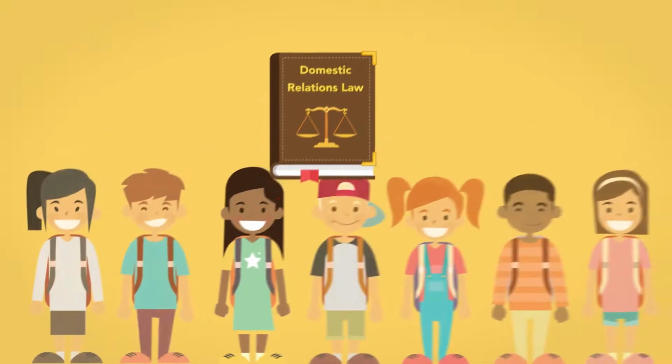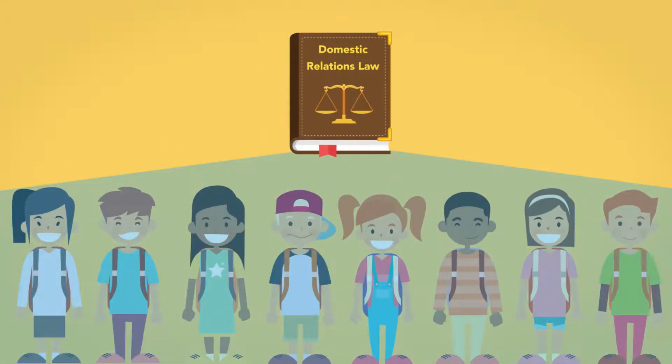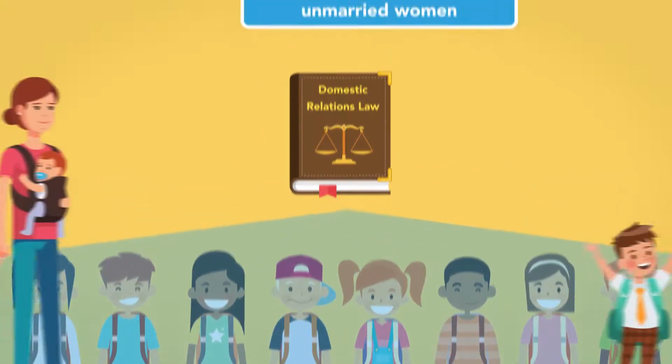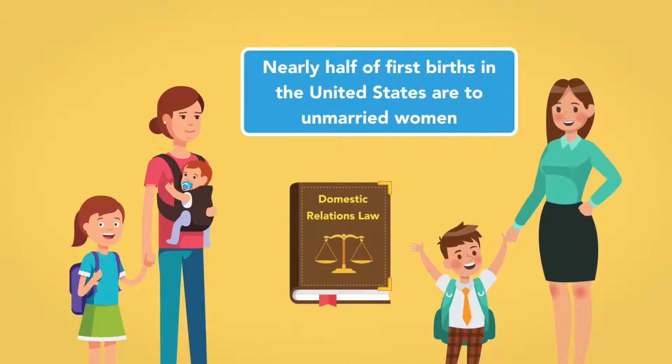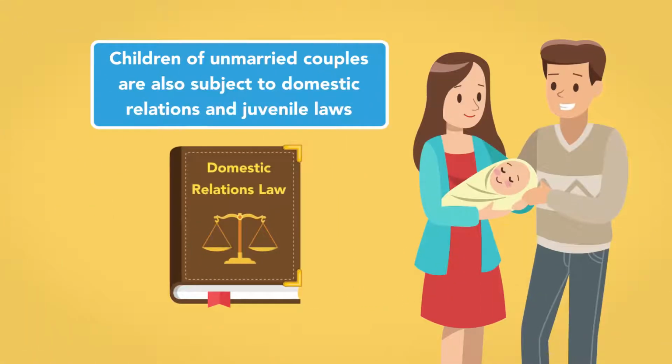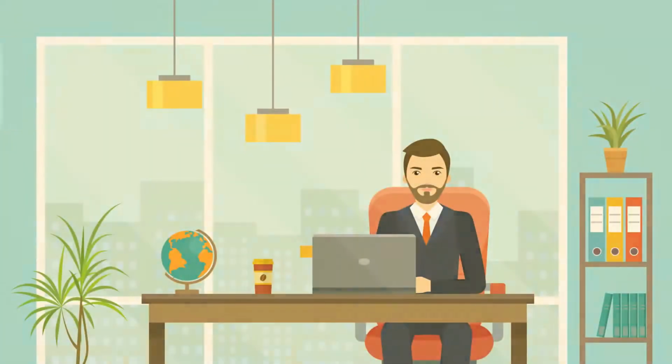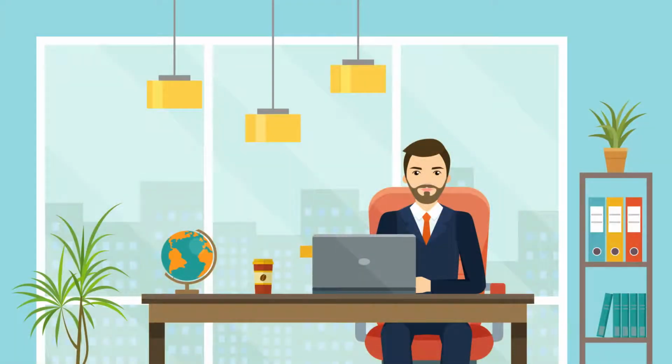But it isn't just children produced by marriages that are affected by these laws. Nearly half of first births in the United States are to unmarried women. Children of unmarried couples are also subject to domestic relations and juvenile laws. This is a lot of work for domestic relations attorneys.